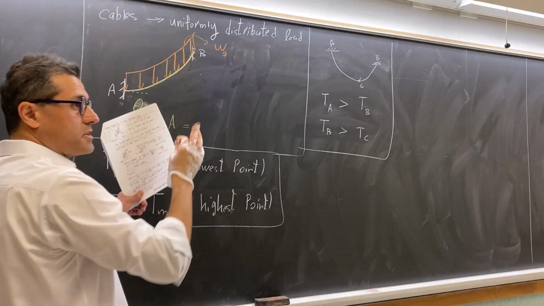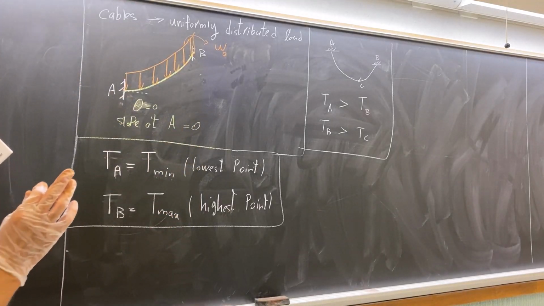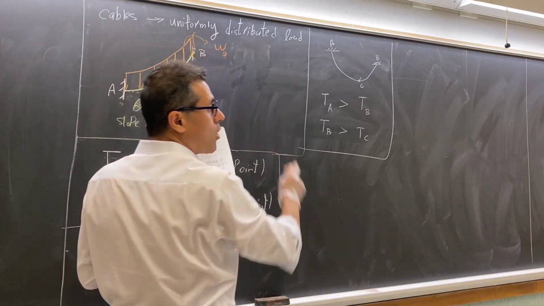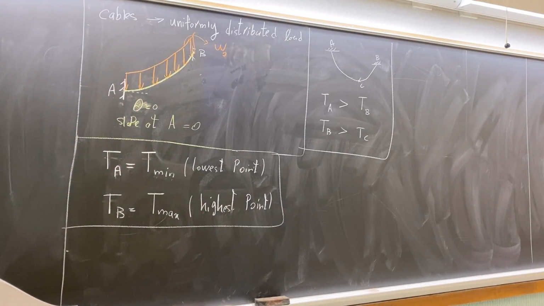So we are in this article now. Whatever we are discussing is just related to this part. The previous part was a cable under concentrated load, which was quite easy.